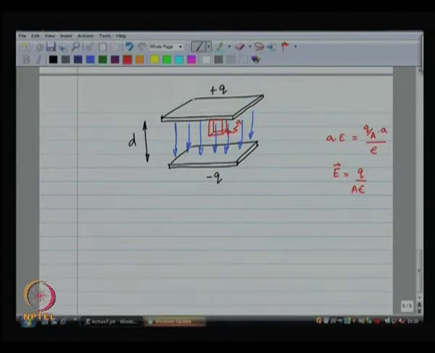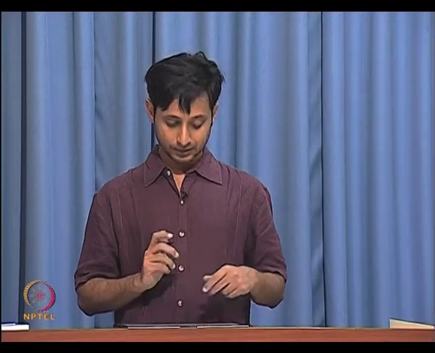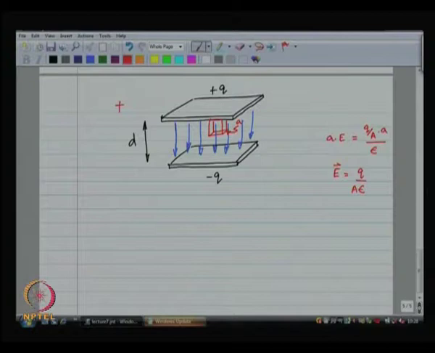Okay. So, that is the electric field. The distance between the two plates is d. So, the potential difference is the field times the distance. The field is constant. So, it is field times the distance.